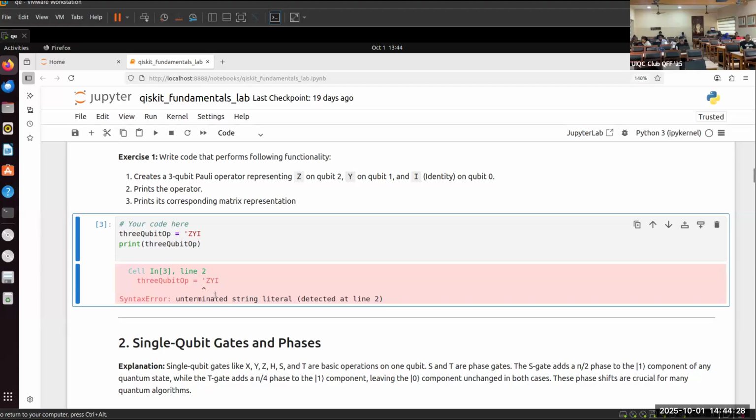So when you see an error like this, first understand the comment Python is giving you. The first comment here is telling you that in 3, that is this cell 3, is giving me what I am doing. Can you see cell in input 3? So this third input that I'm seeing here, line number 2.